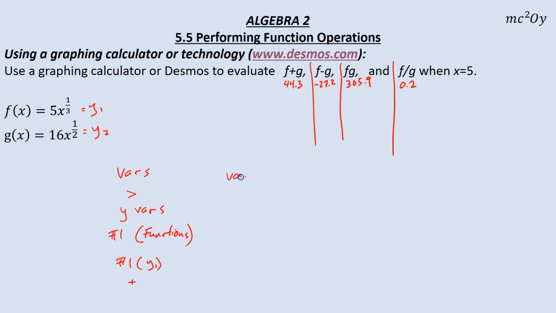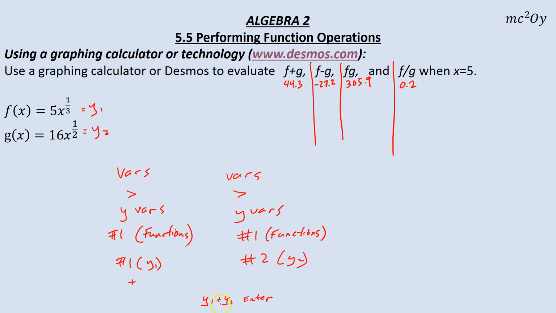Go back to VARS, arrow over, select Y-VARS, select option 1 functions, and then select option 2, which is y sub 2. Then on your screen you end up with y1 plus y2. You hit enter, and you have your answer.